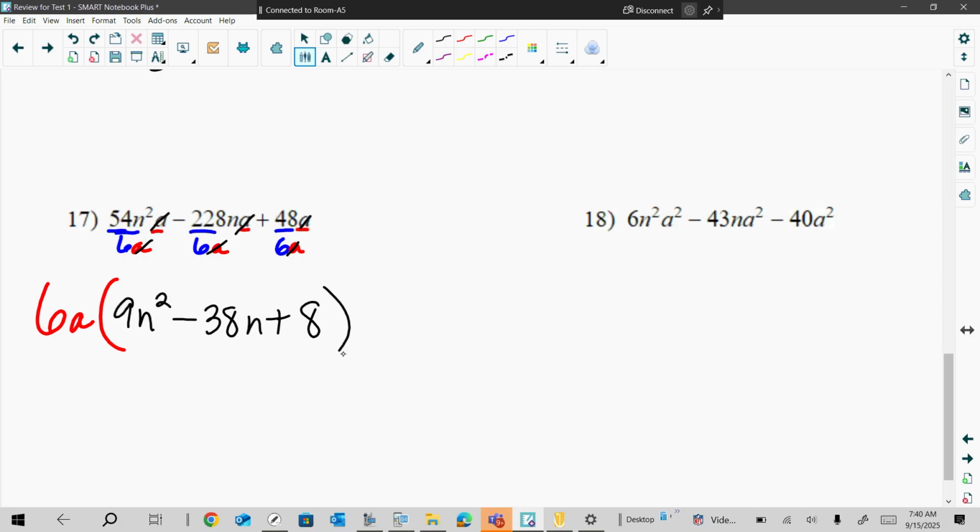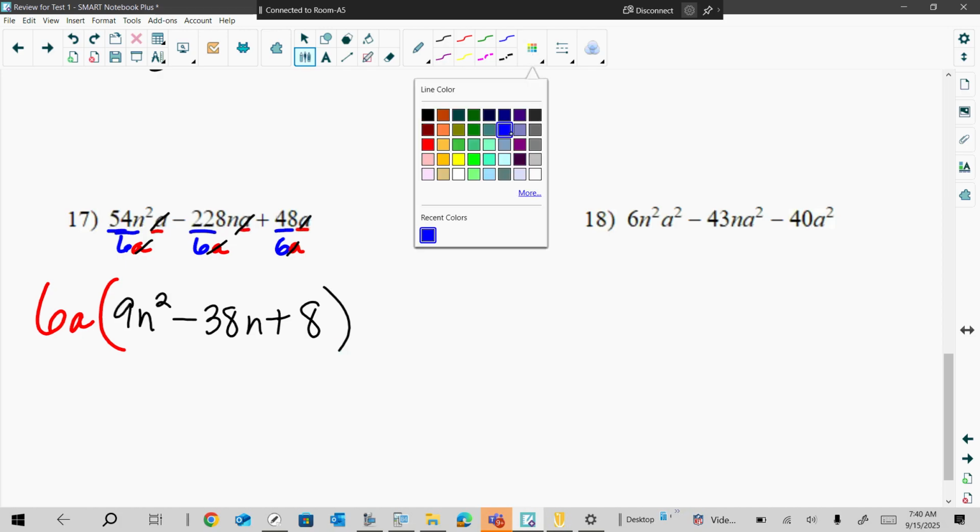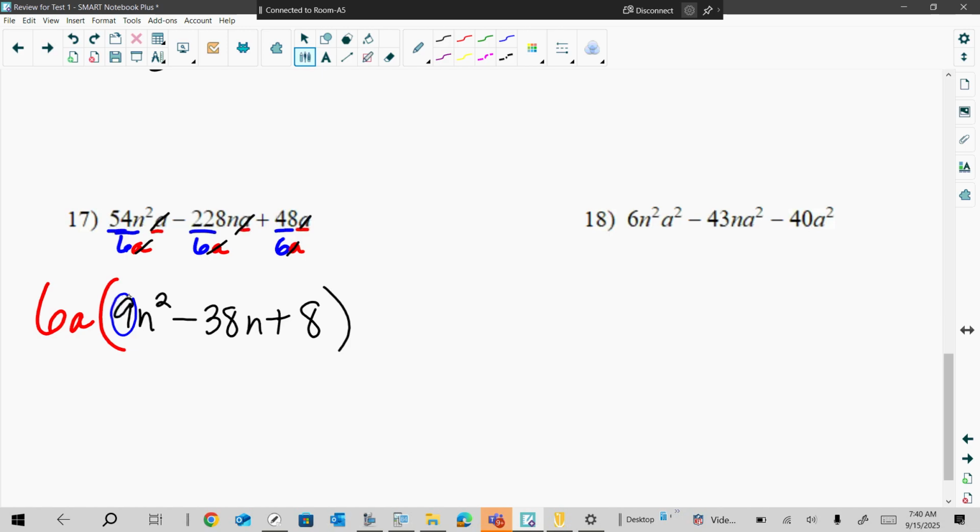We still have a coefficient, so we still need to slip and slide. So we need to slip the 9 to the 8. 9 times 8 is 72. And then we're looking at factors of 72 with the sum of negative 38.